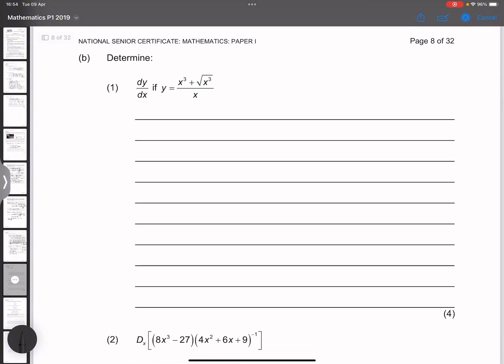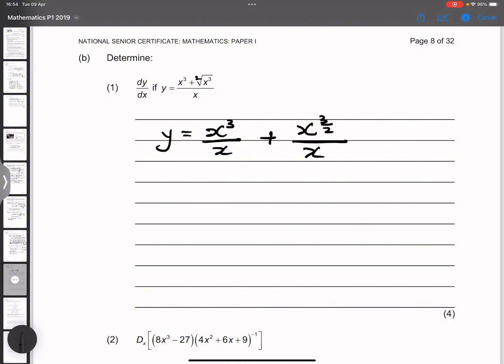So we are trying to find the derivative. But remember, for you to find the derivative here, you need to first try and simplify, get rid of all the surds, get rid of all the x at the denominator. So we're going to say this is x cubed over x plus, rather, now remember, this is going to be x to the power 3 over 2, a surd, divided by x again.